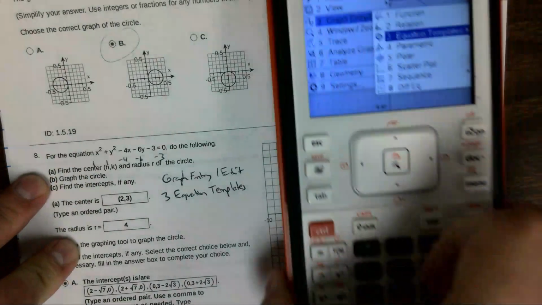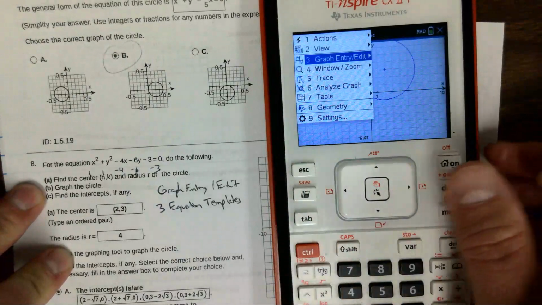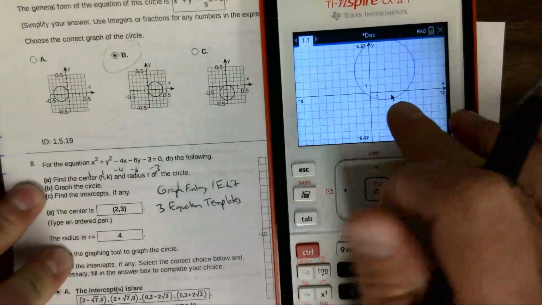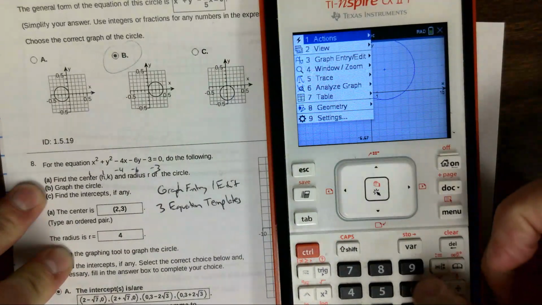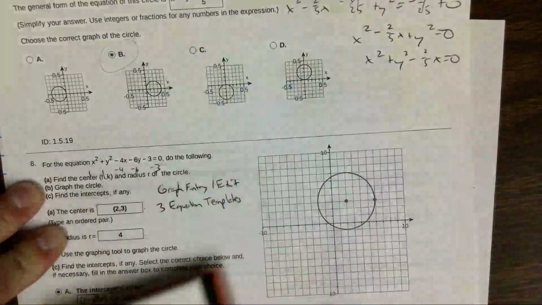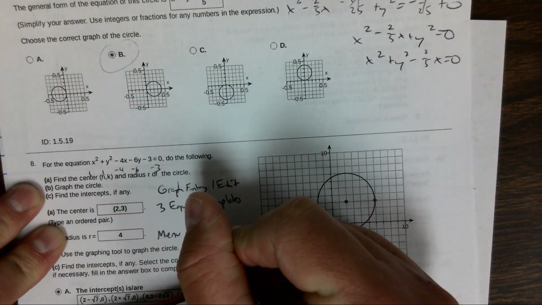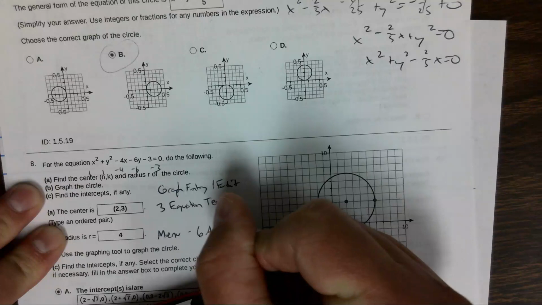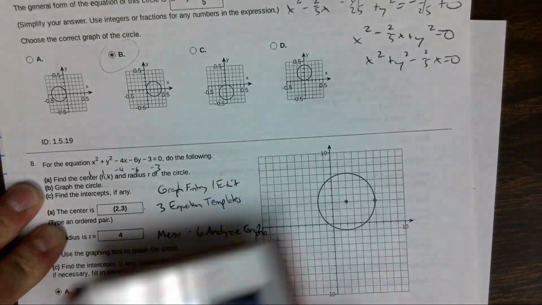Now you can also go to analyze conics. So remember what we're doing when we're thinking or trying to work a problem. It's called analyze graph. So you can go to menu, 6 is analyze graph.